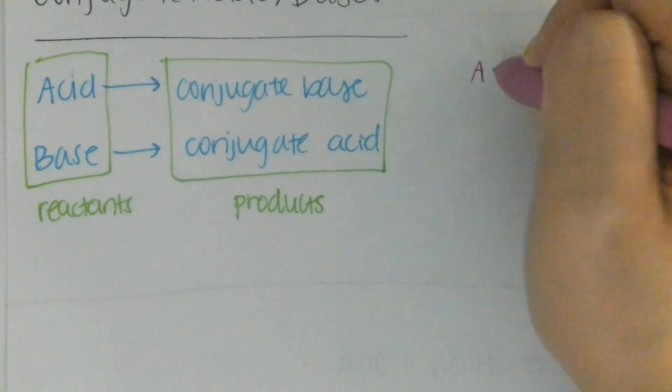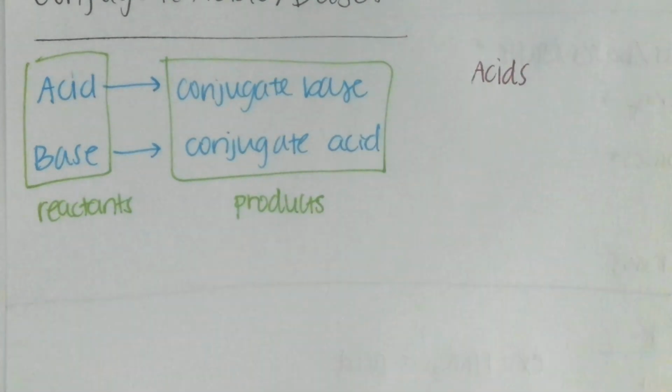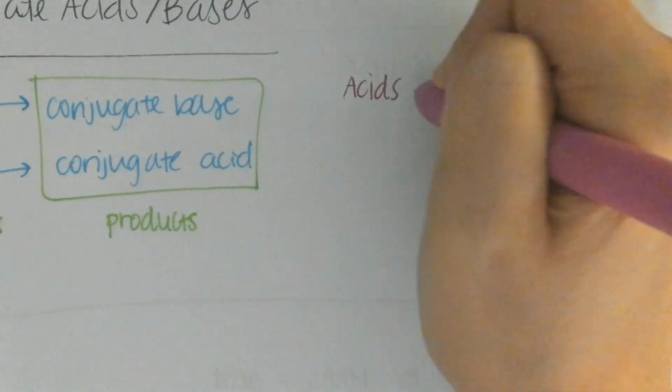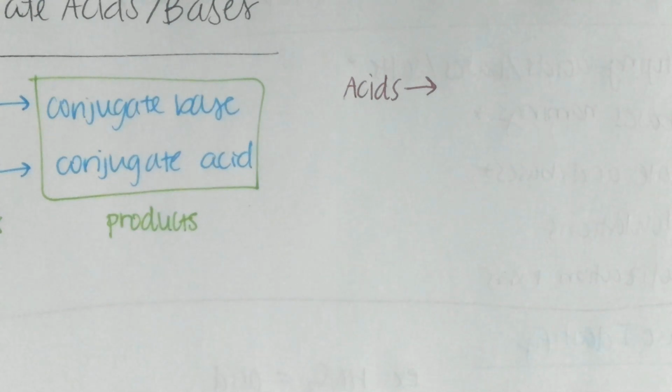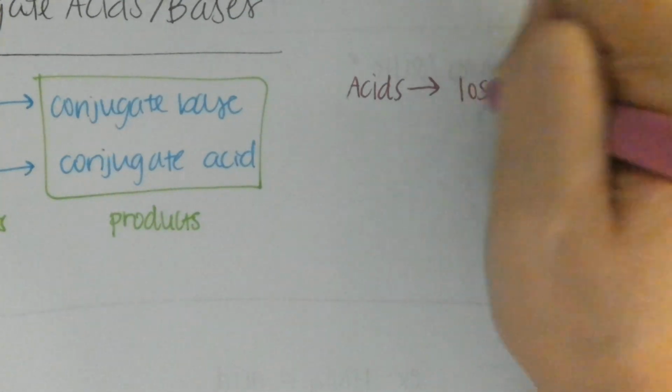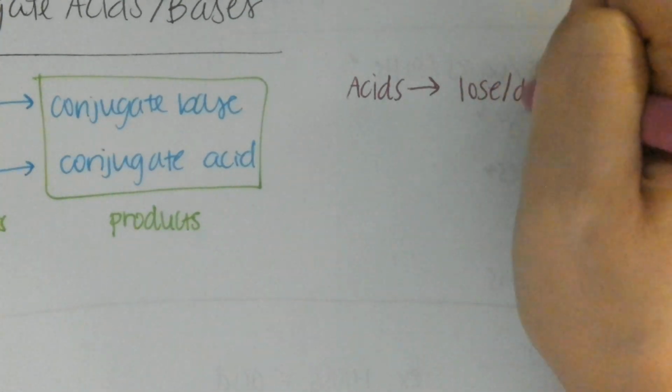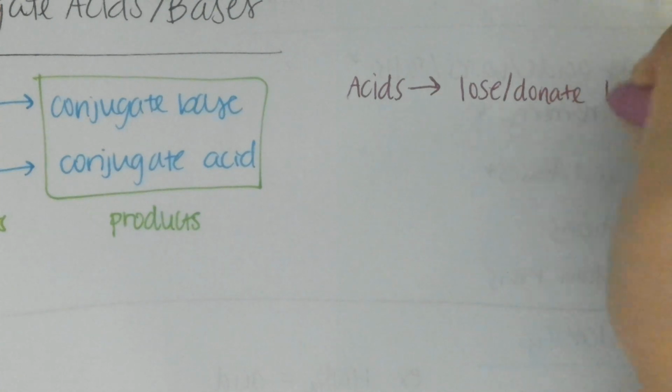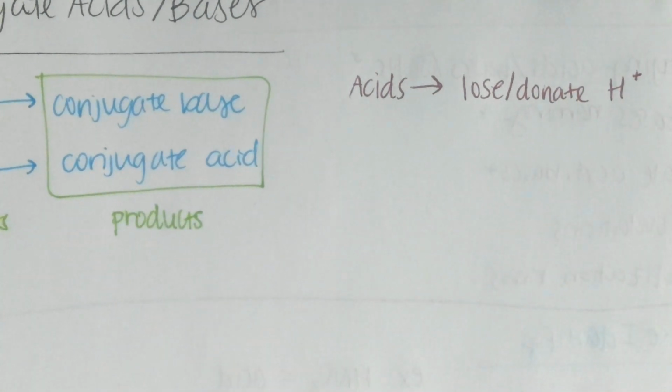So another thing you need to know about acids: what happens to the acids, and what happens to the bases. It all has to do with the hydrogen. Do acids lose or gain hydrogen? They lose hydrogen. They lose, or donate, hydrogen. Is that cool?